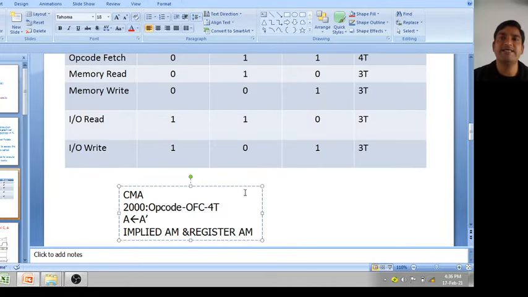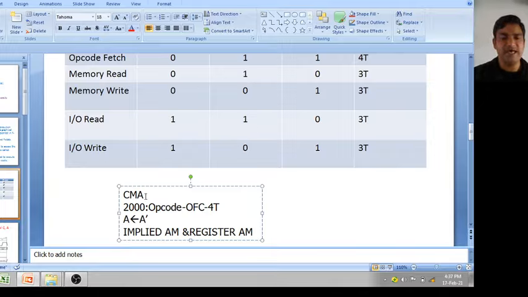You can take examples like MOV C, D, MOV A, E, ADD B, A equals A plus B. Data is neither coming from memory or an input output port nor going from the microprocessor to an input output port or memory. So always in implied and register addressing mode, only 4 T states are required and the default machine cycle will be opcode fetching.